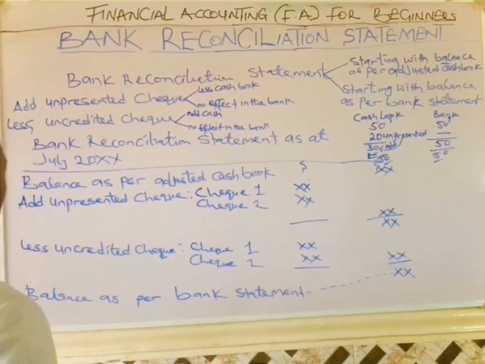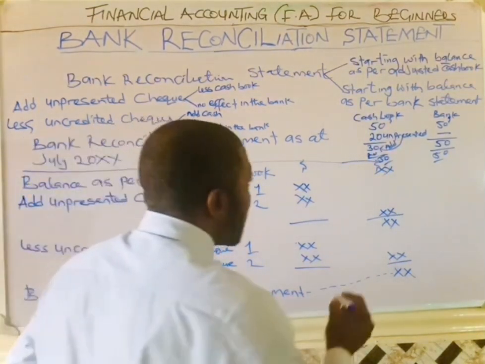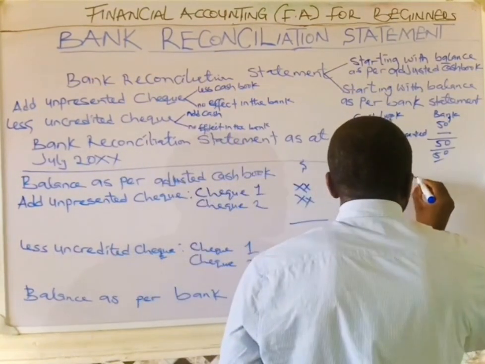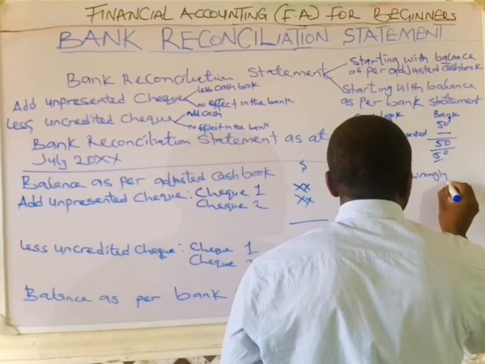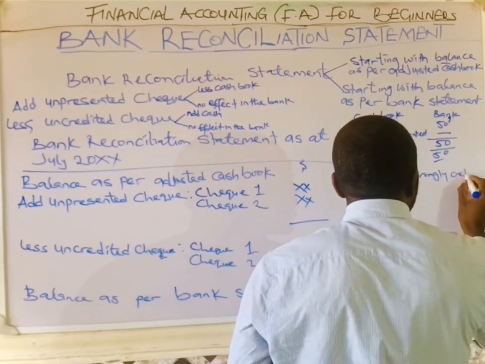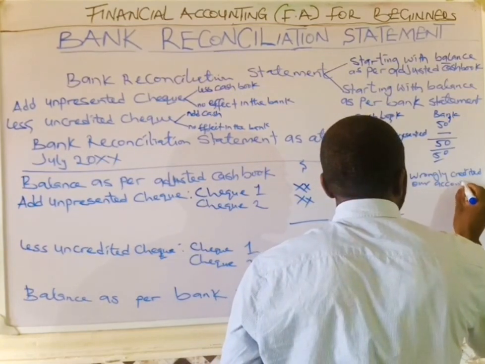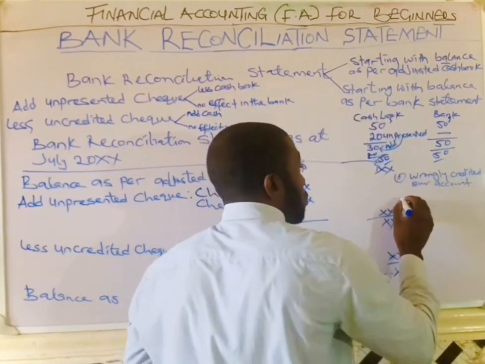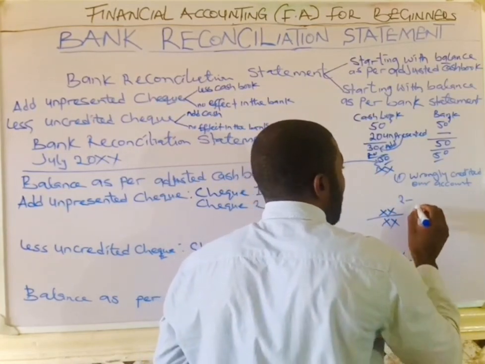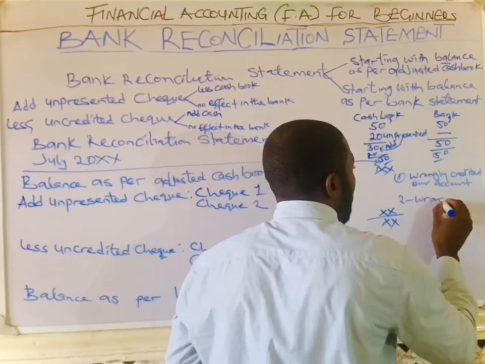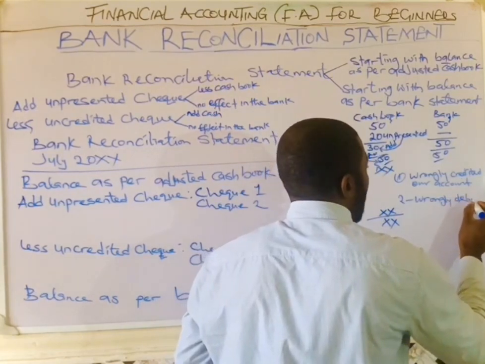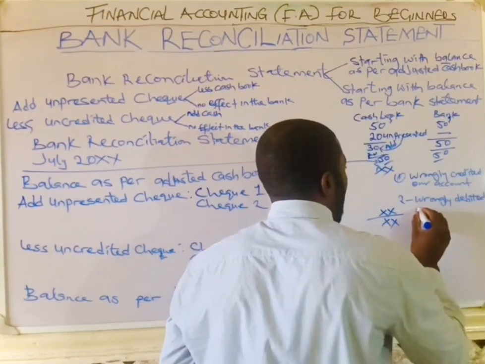So now, after knowing all this, if an error was made, the errors are two. The error made by the bank: they wrongly credited our account, or the bank wrongly debited our account.